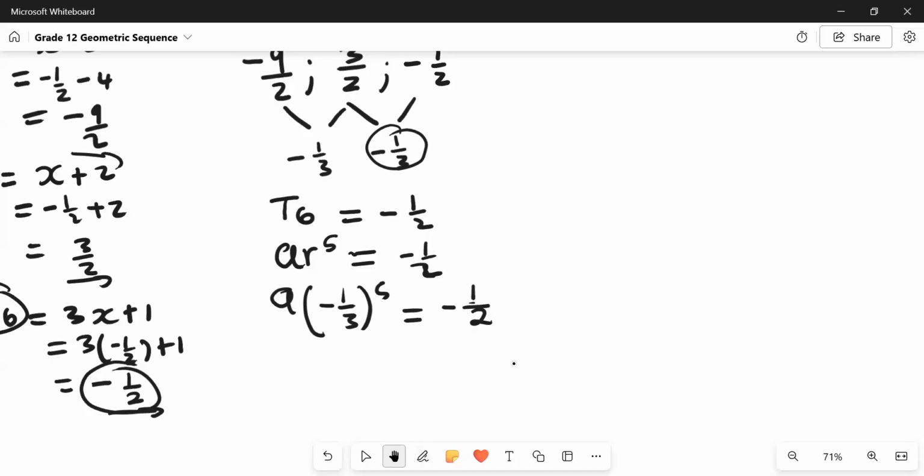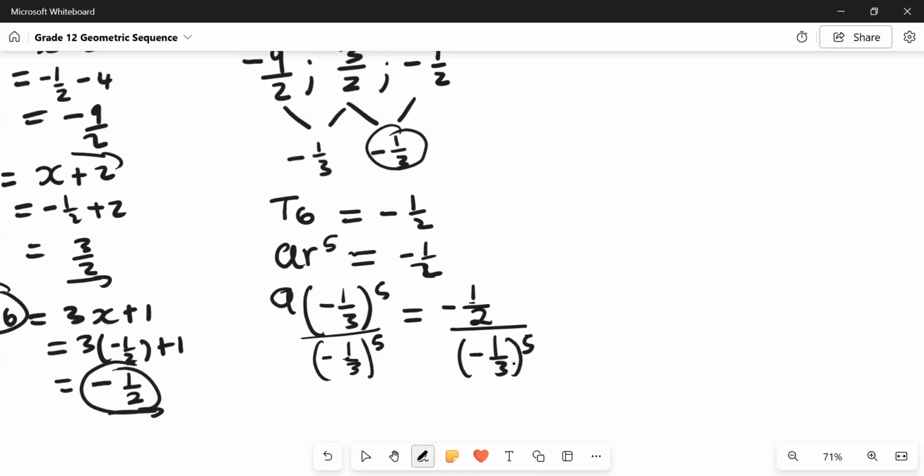And then divide both sides by negative 1 over 3 to the power 5. Same applies here. And then they cancel these two.